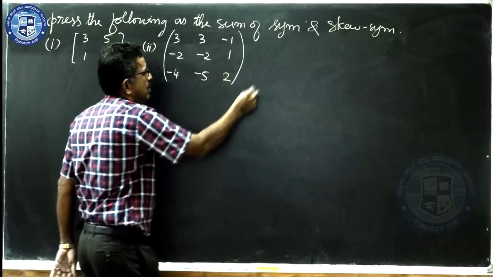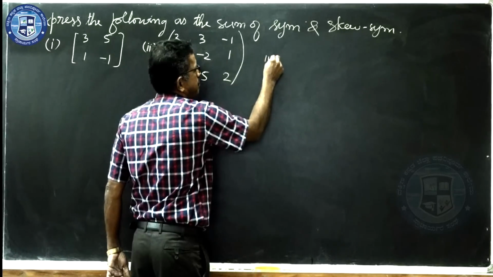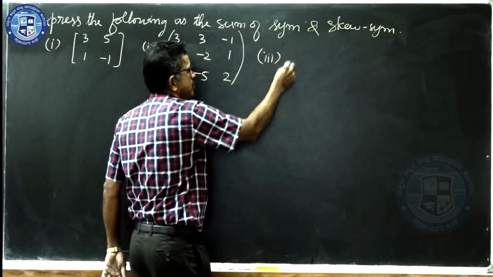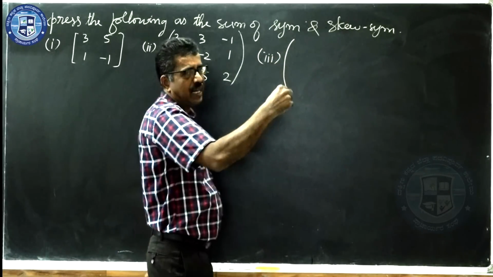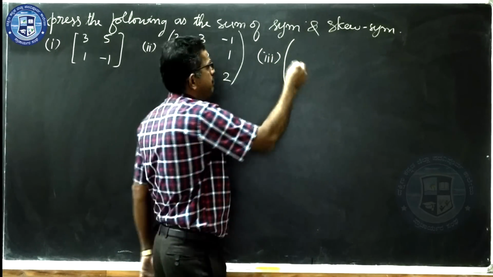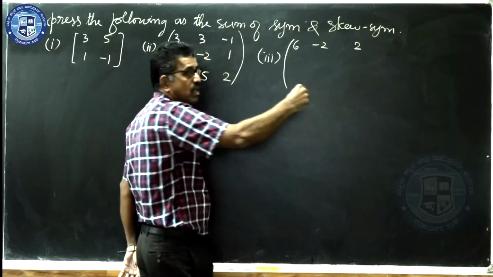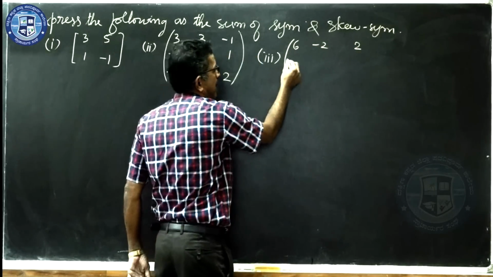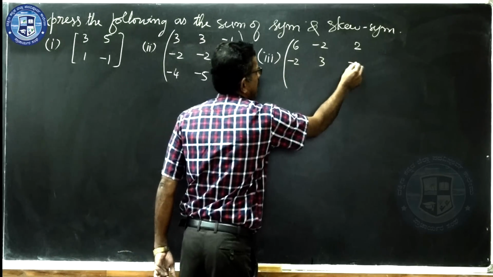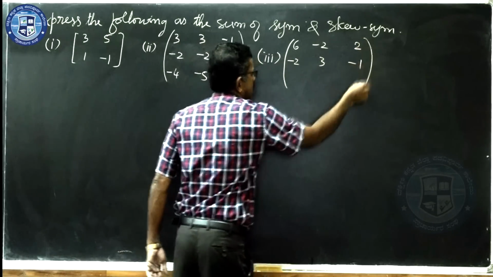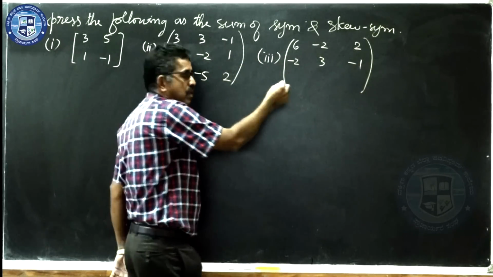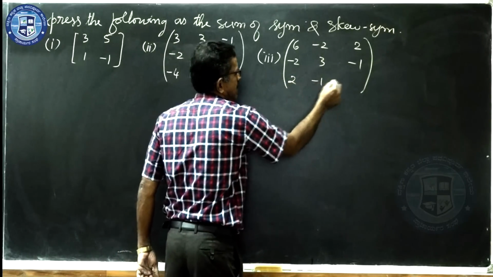Third example, these are the questions which have been asked in the NCERT book. 6, minus 2, 2. Second row, let it be minus 2, 3, minus 1. And third row, let it be 2, minus 1, 3.